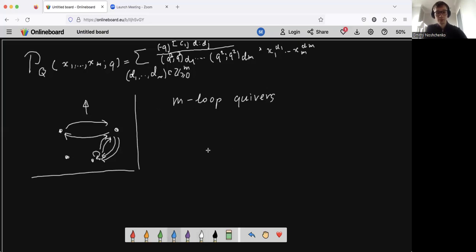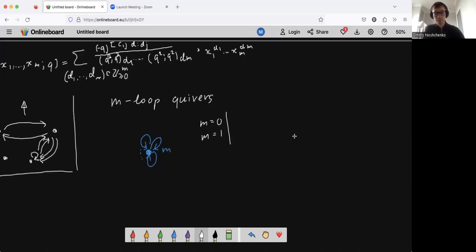So basically, this is just one node and a certain number of loops. So the simplest cases would be, of course, m equals 0 and m equals 1.